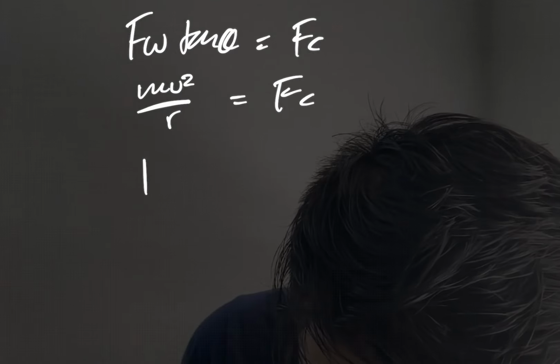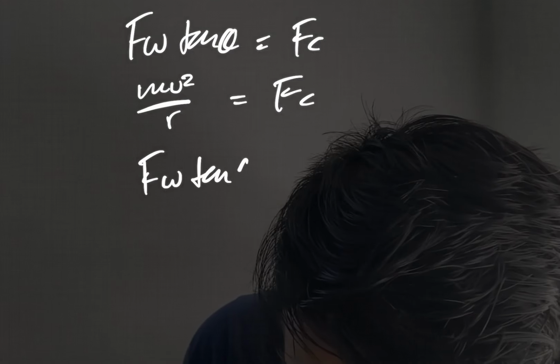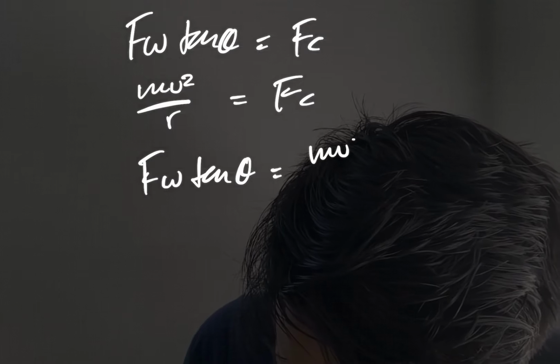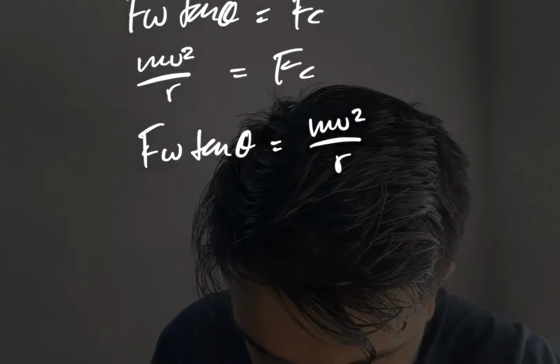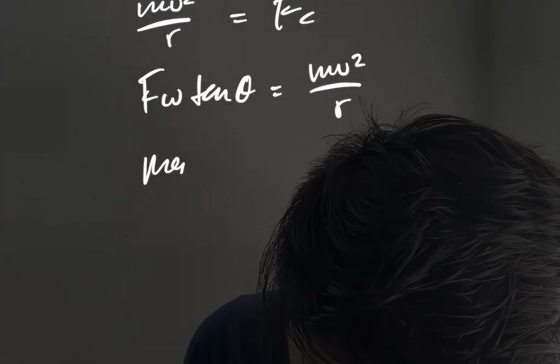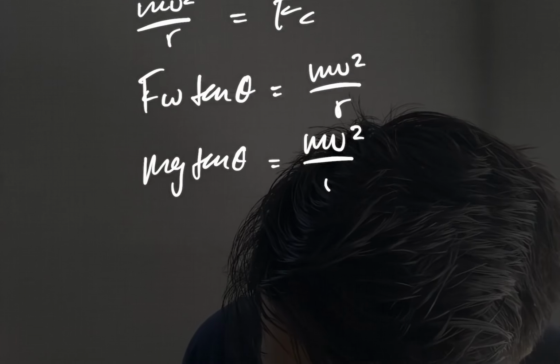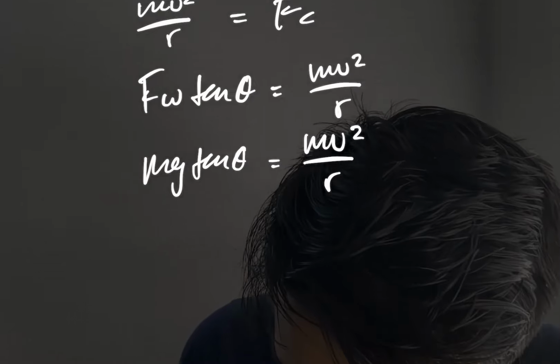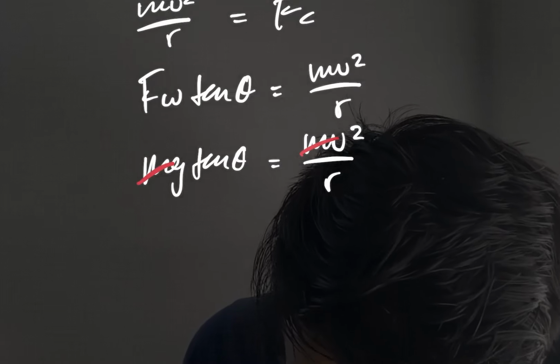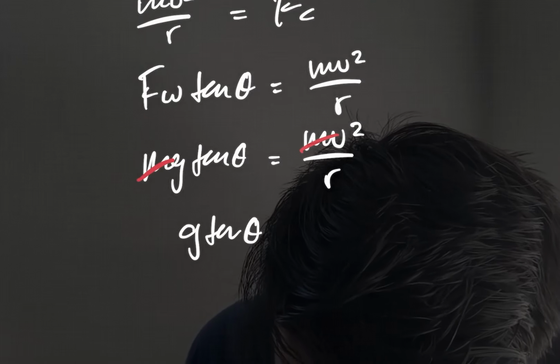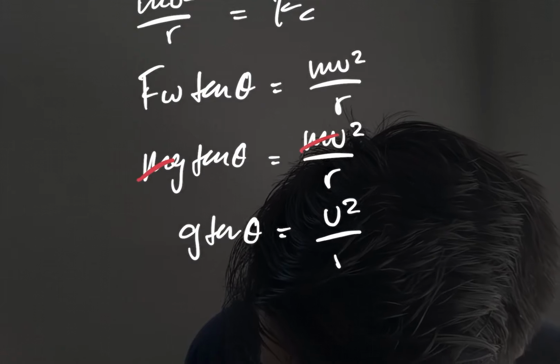And therefore, Fw tan theta is equal to mv squared over r. And therefore, mg tan theta is equal to mv squared over r. We can cancel out our m's, and we get g tan theta is equal to v squared over r.